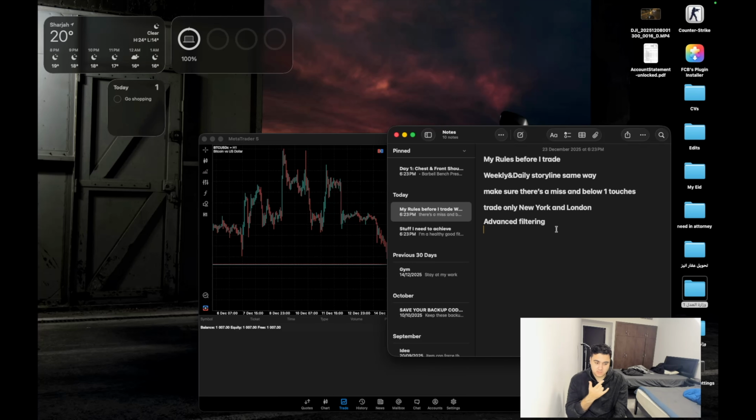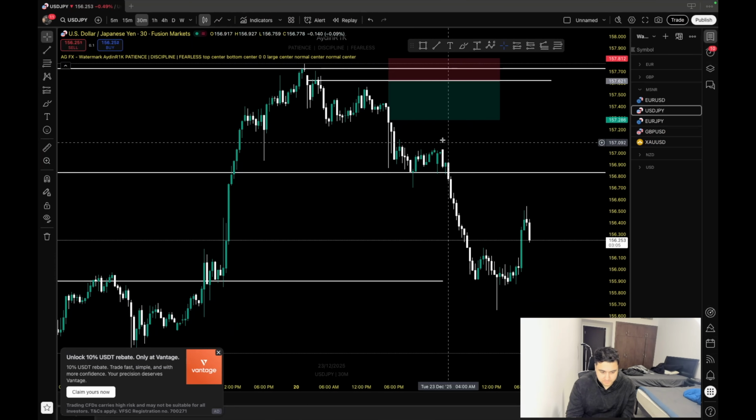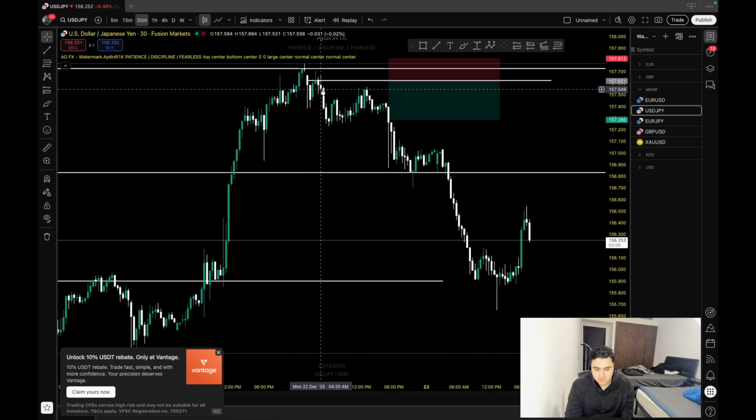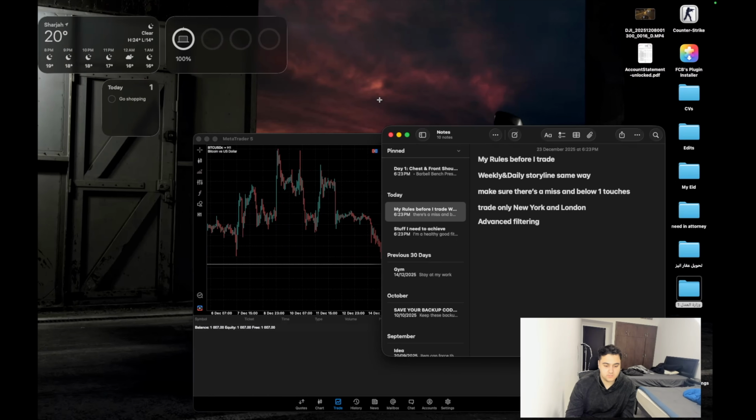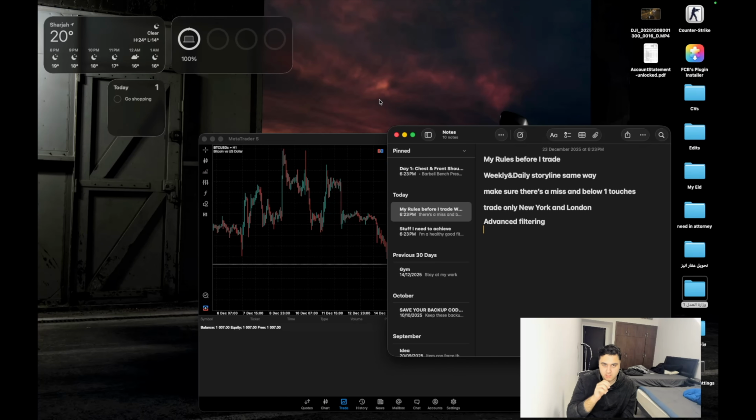Weekly and daily have to be the same way. Make sure there is a miss, which means we have a classic. If one candle misses and the other candle hits the classic, we can't enter this kind of trade. It has to be a classic: one candle that gave me a tail but didn't hit. The other one we can enter, but we can enter from the second one immediately.